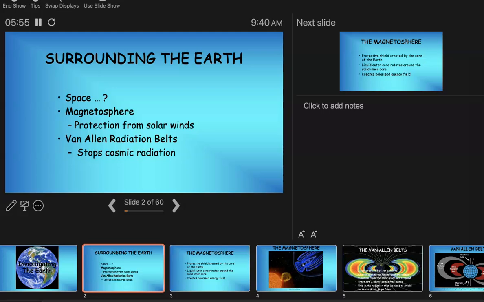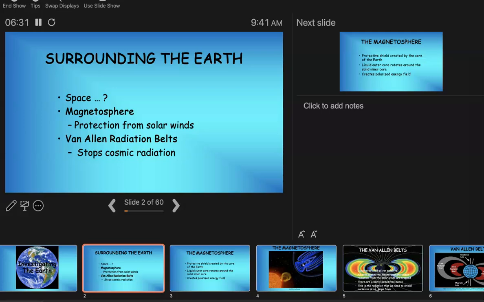They too have a lot of overlap in what they do, so when you're reading about them in the textbook, you might see some slightly different stuff. I tried to give you unique, specific things that each one is known for. In here, we're going to say that the magnetosphere protects us from solar winds, and Van Allen radiation belts are responsible for trapping cosmic radiation.